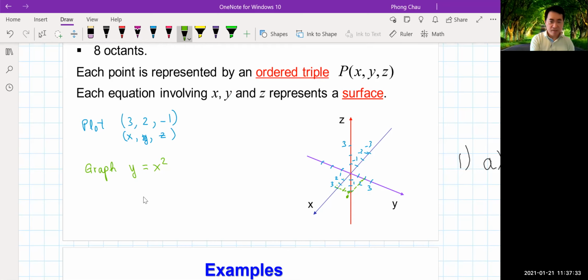So you have the x-axis like this, you have the y-axis like this, and that's the graph in the xy plane. That's the parabola, y equals x squared. Now it's no longer true because now we have the depth or the height when we have orientation like this. So if you graph this in the xy plane, it actually goes like this.